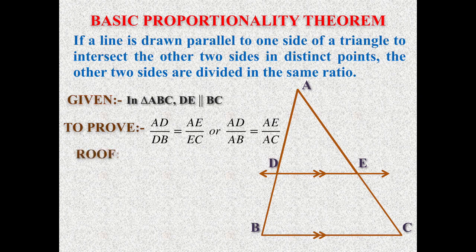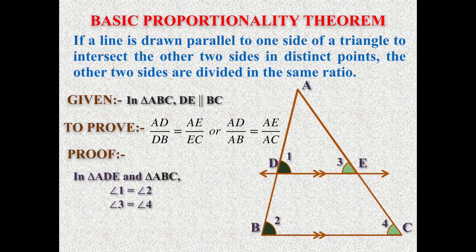Now, in triangle ADE and triangle ABC, angle 1 and angle 2 are equal, and angle 3 and angle 4 are also equal. As you can see in the diagram, they are pairs of corresponding angles.